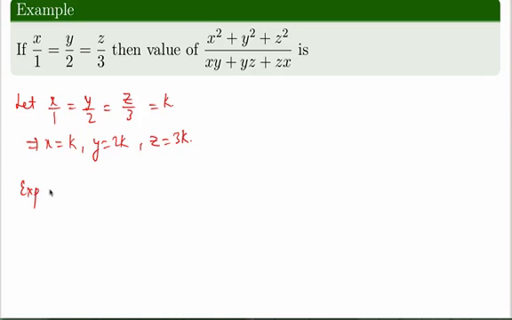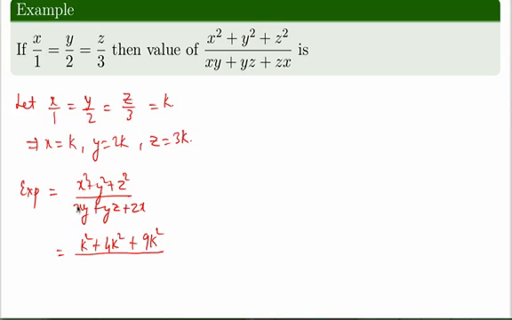So the expression is equal to x square plus y square plus z square upon xy plus yz plus zx. This will become k square, 4k square, because I am putting y as 2k, plus z is nothing but 3k, so this will become 9k square, upon x into y, which will become k into 2k, that is 2k square, y into z will become 2k into 3k, that is 6k square, and zx will become 3k square.